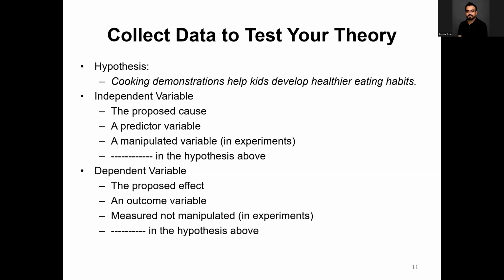The dependent variable, we can infer from the name, is a variable that depends on something else. So healthier eating habits depends on cooking demonstrations. So the dependent variable in this example will be healthier eating habits. The independent variable will be cooking demonstrations. It is totally independent from other variables.